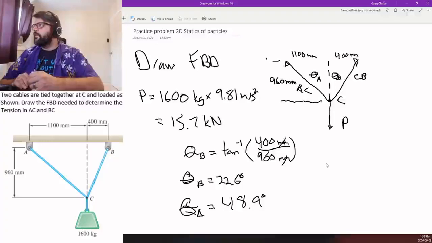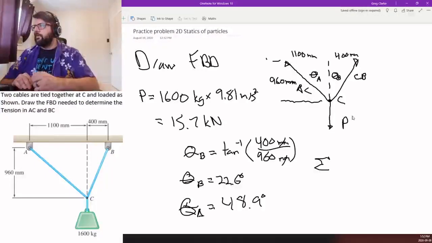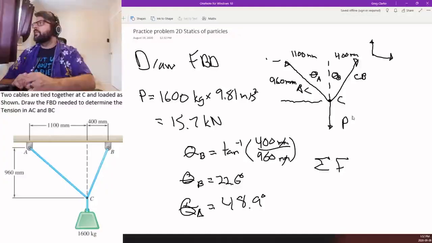The first step that we should probably be doing here: we know that the horizontal component of the tension from AC needs to equal the horizontal component of the tension from CB. That's essentially just us saying that the sum of the forces, let's see, oh, I did forget to define our axes. So let's go ahead and do that.